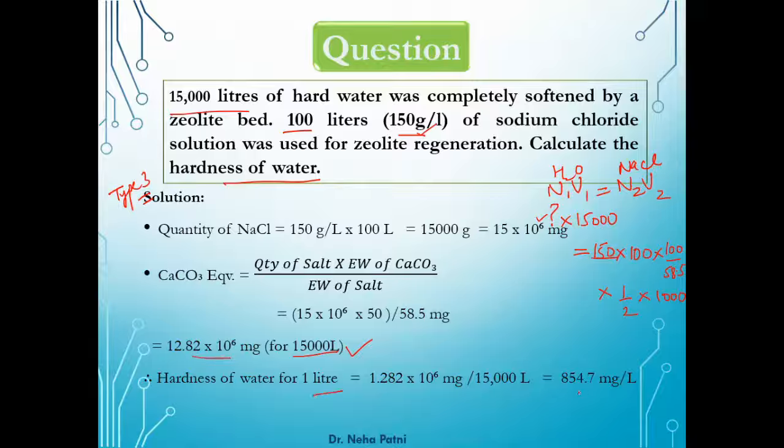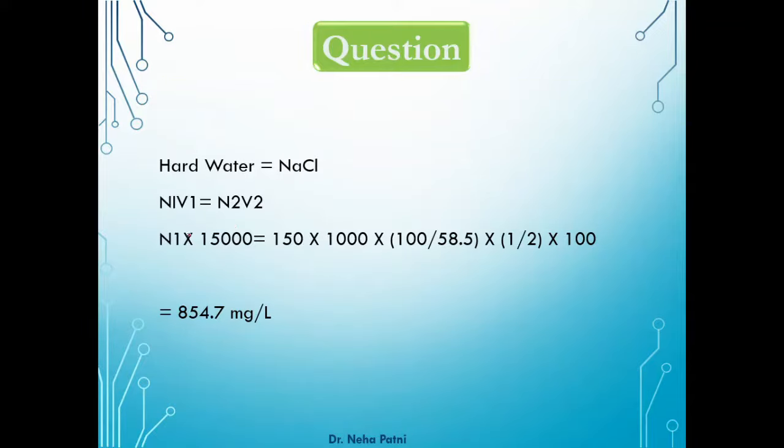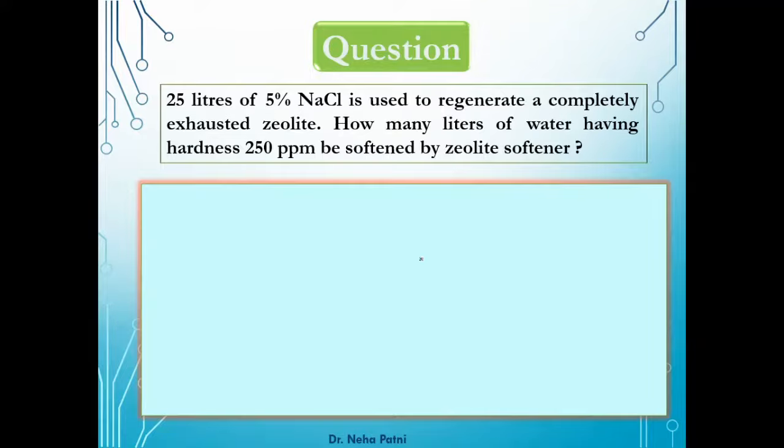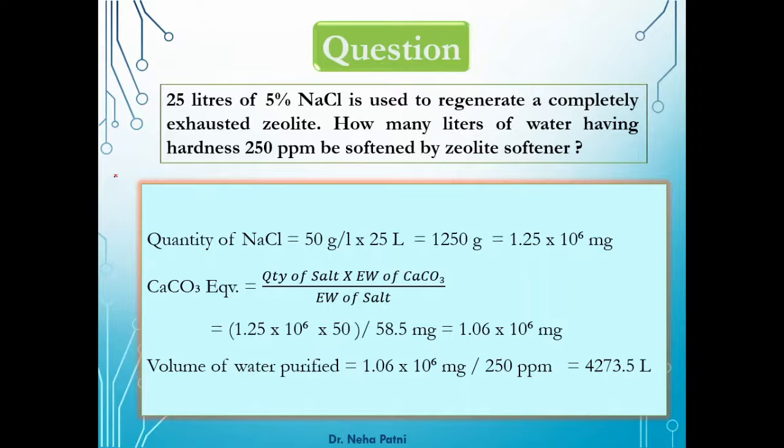So for 1 liter, how much hardness is there? So this method also can be utilized and this also can be utilized. This is type 3. So the same thing which I said is written here. You have to find out N1, V1 is given, N2 is given, V2 is given, multiply it with multiplication factor, valency and the volume.